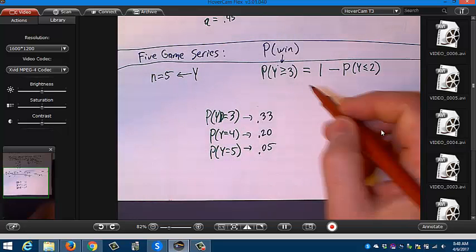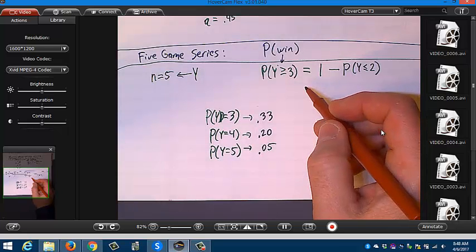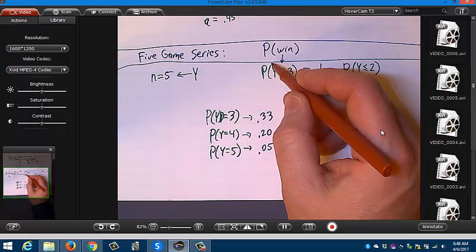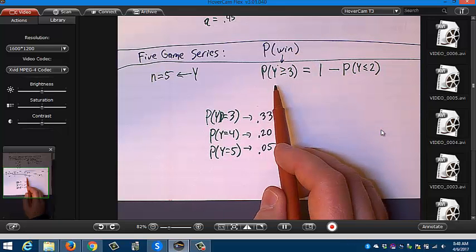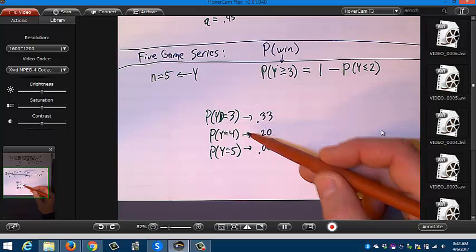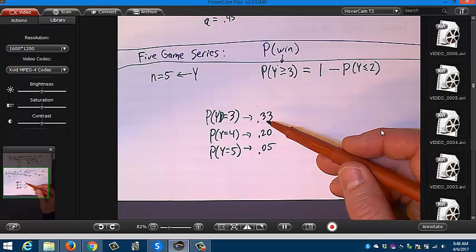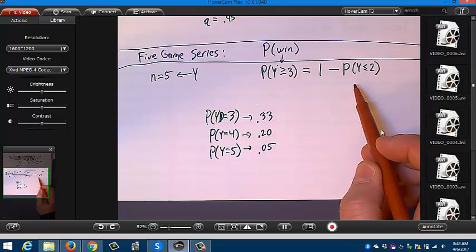I said that another way to do this, see, the probability of winning, this is what Sarah asked, what is winning? Winning is when you get either 3 or more games, right? So one way to do it is just do 3 plus 4 plus 5. But the other way to do it, I said, is the complement.